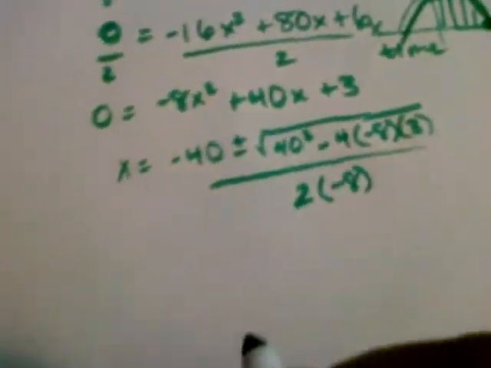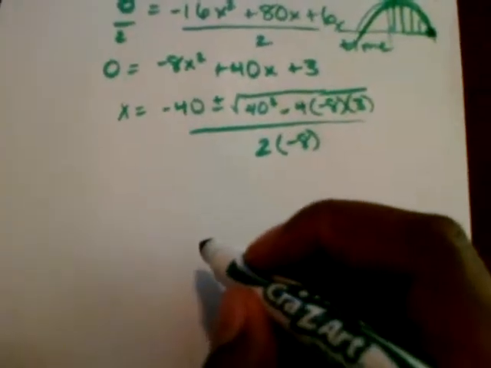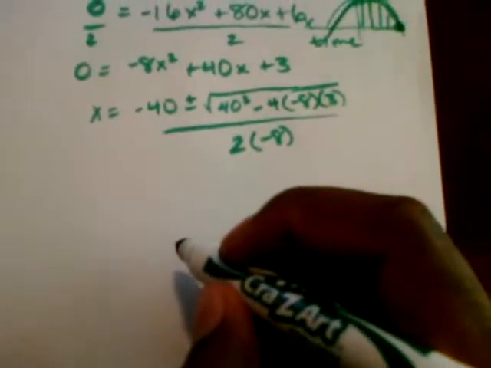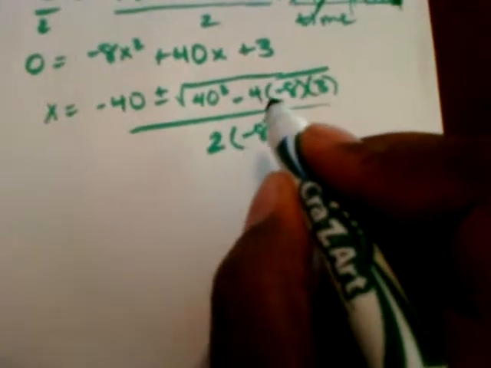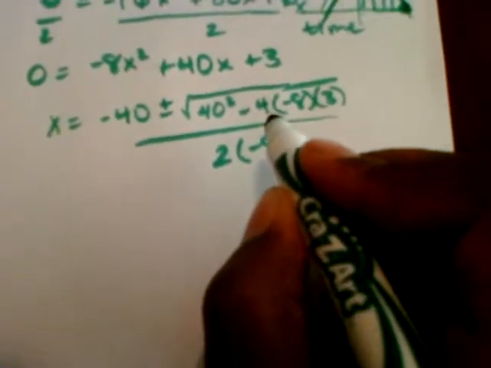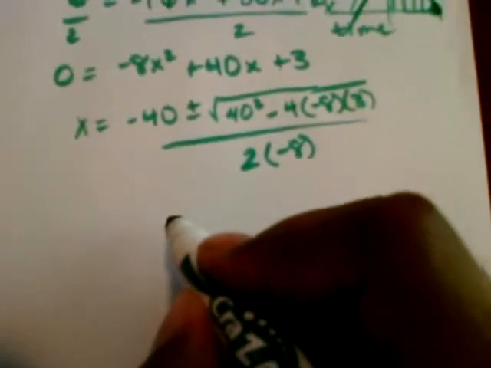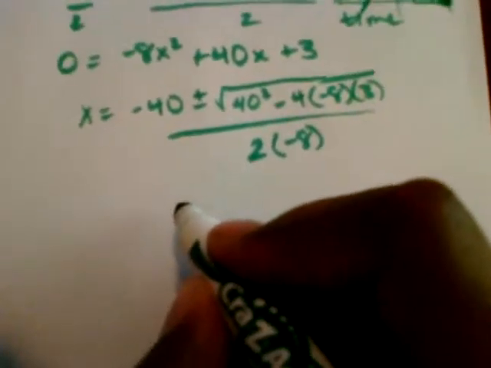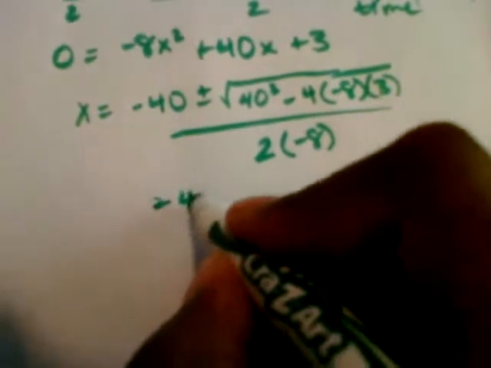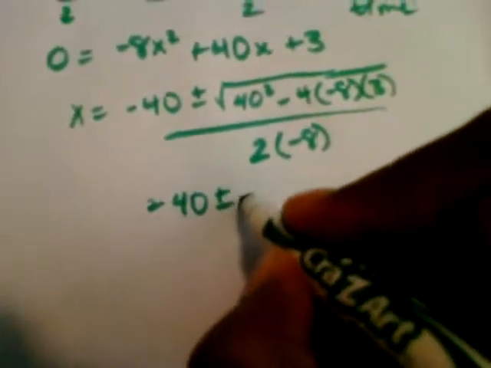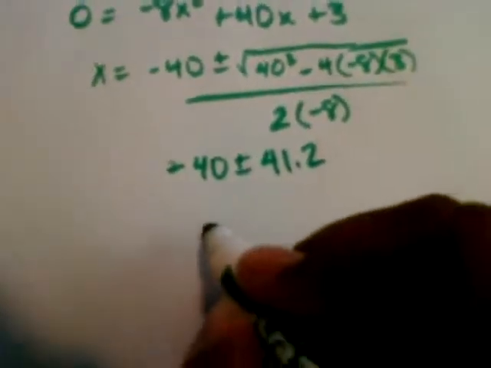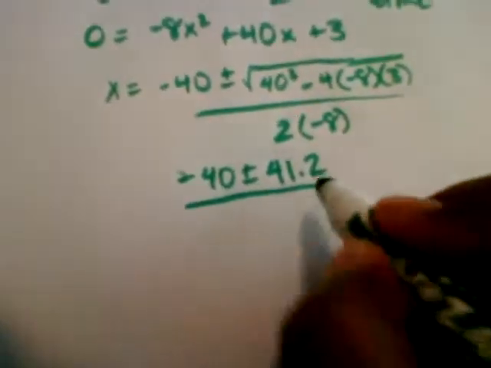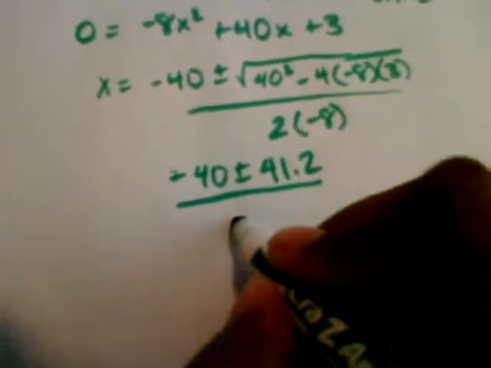And so now I can really start moving things around here. 40 squared is going to be 1600. Once I evaluate all this under that sign and then take the square root of whatever number that is, I'm going to have a plus or minus roughly 41.2. All that divided by 2 times negative 8, which is going to be negative 16.